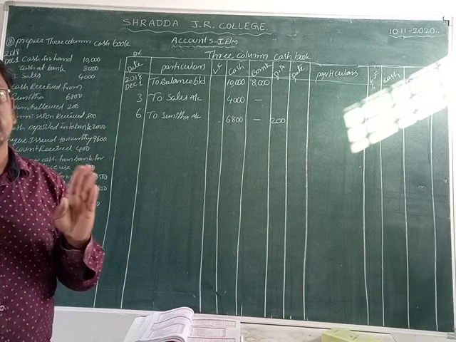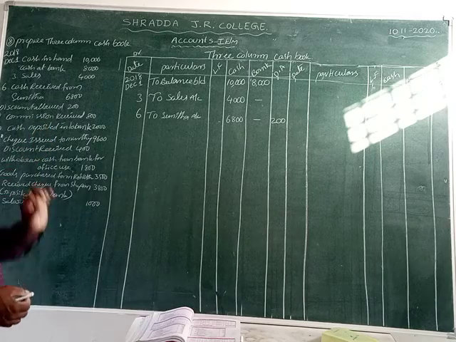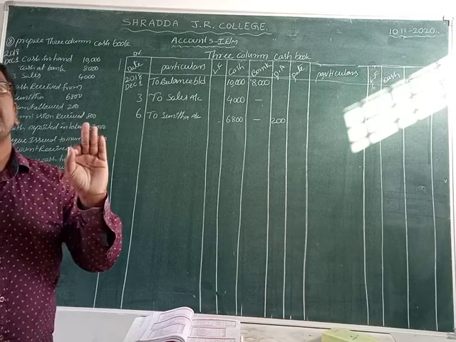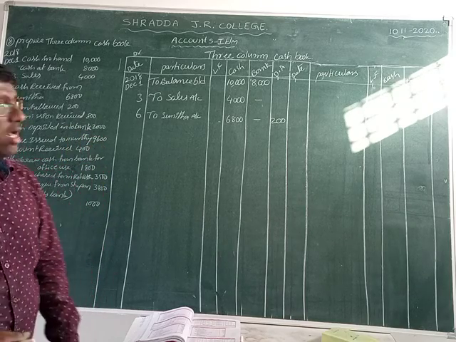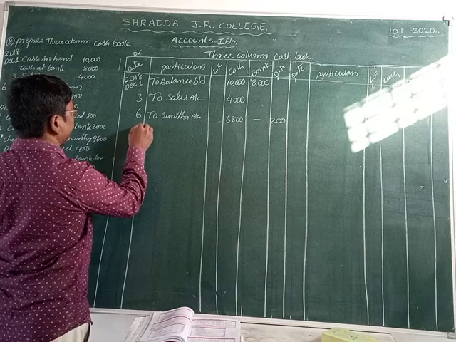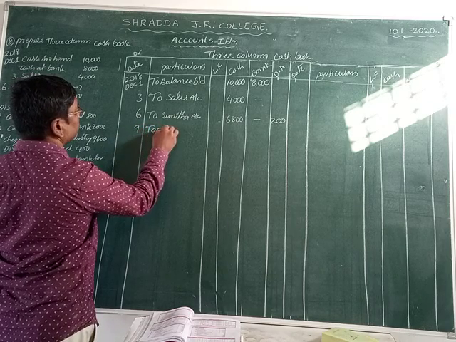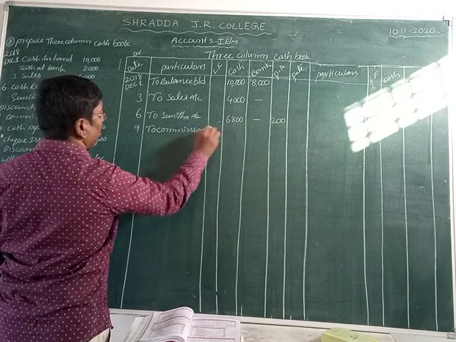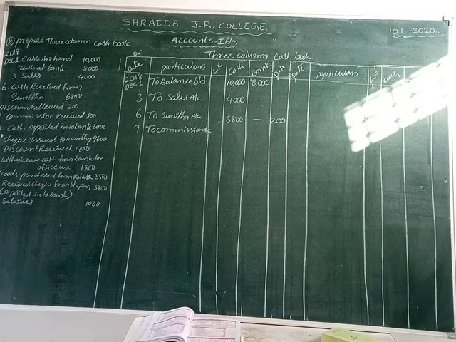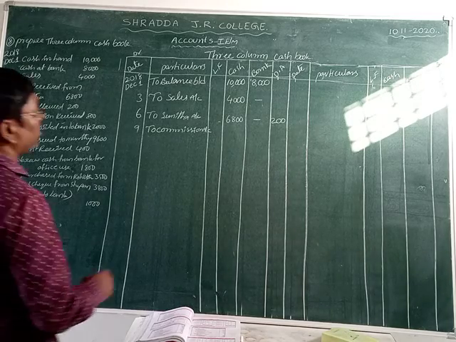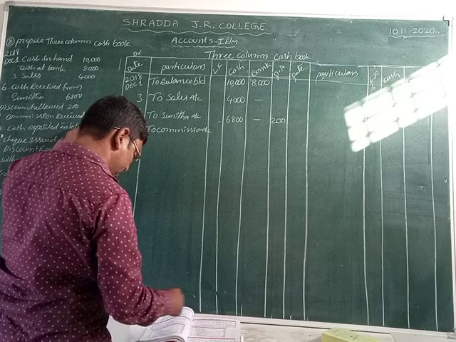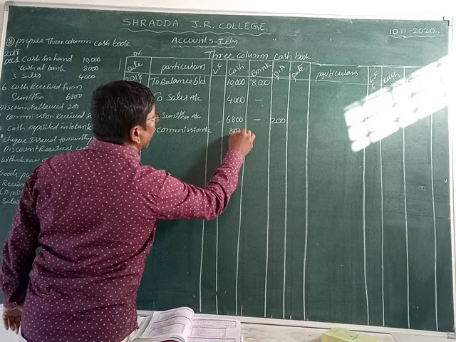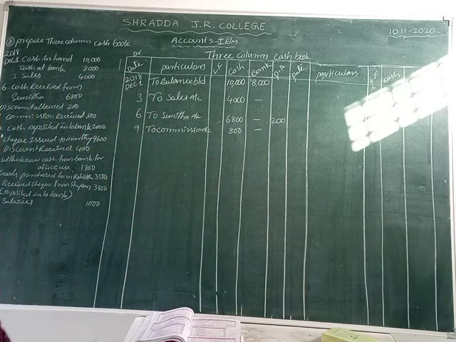Then we record it on the debit side only. Okay, now let us write down date 9, to commission account. So what is the amount? That amount is 800 rupees, in the cash column, not the bank column here.